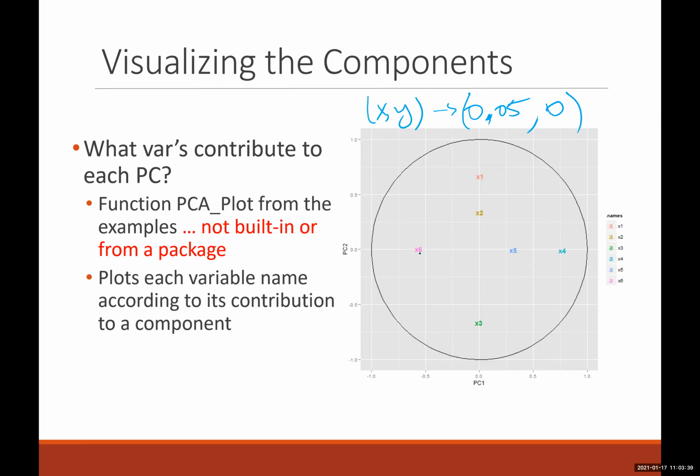So in this case, we would say that x6 probably belongs to component 1 because, although this is actually negative, if we take the absolute value of each of these, 0.05 is larger than 0. And so x6 would belong more to principal component 1 than it would to principal component 2. Whereas x1, x2, and x3 might belong more to principal component 2 than principal component 1.